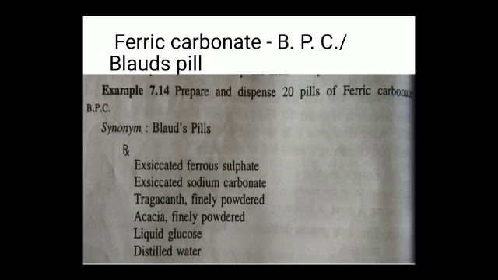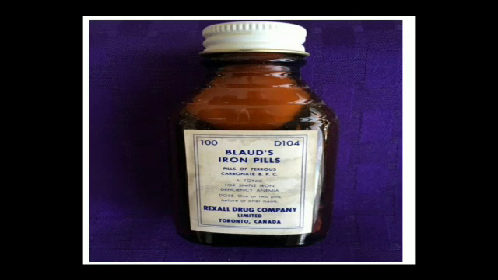Add sodium carbonate and allow it to stand for 10 minutes until the reaction is completed. Completion of the reaction can be observed by the color changing to pale green. Add tragacanth and acacia powder to form a pill mass. Roll the pill mass into a pill pipe and prepare the required number of pills. These are the steps involved in preparation of blood pills.